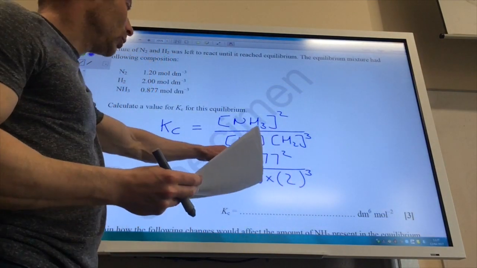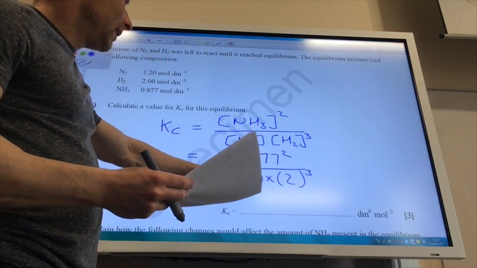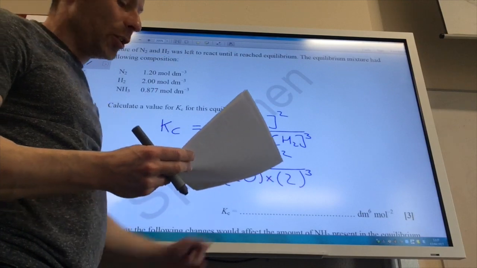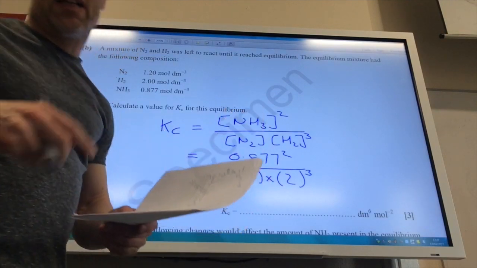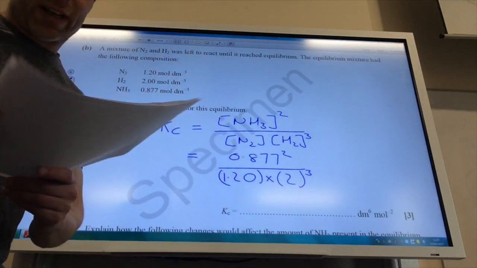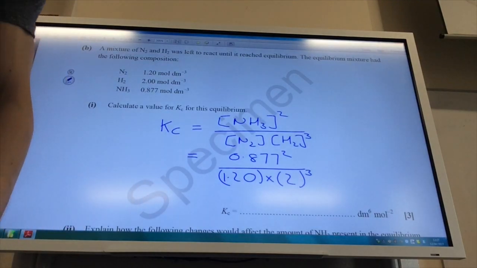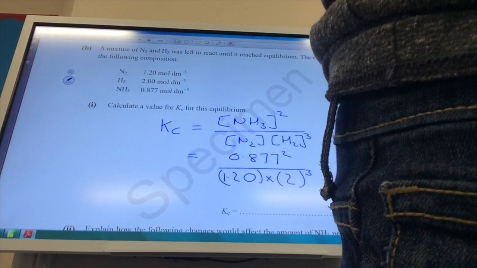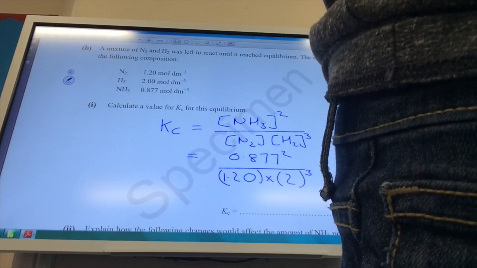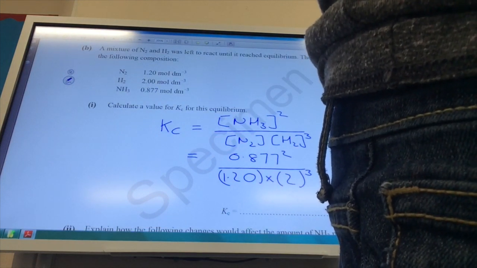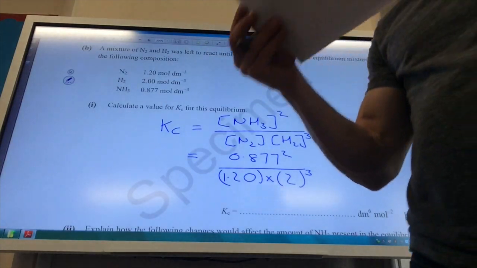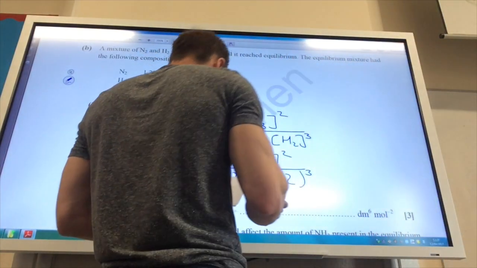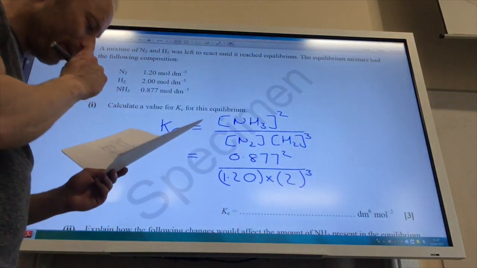So work out 0.877 squared and then 1.2 times 2 cubed. And then work out what you should get, which is 0.0801 for that.